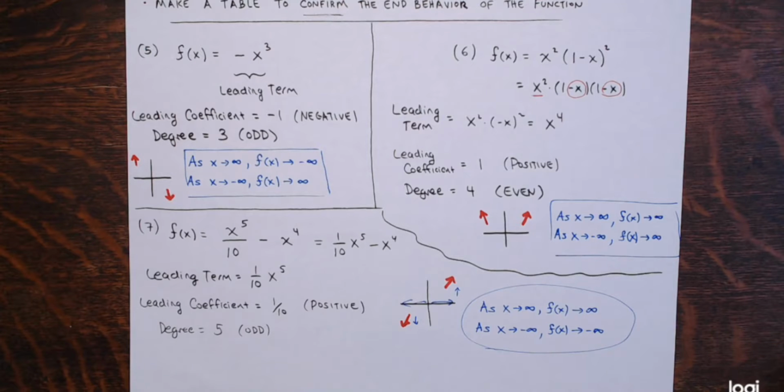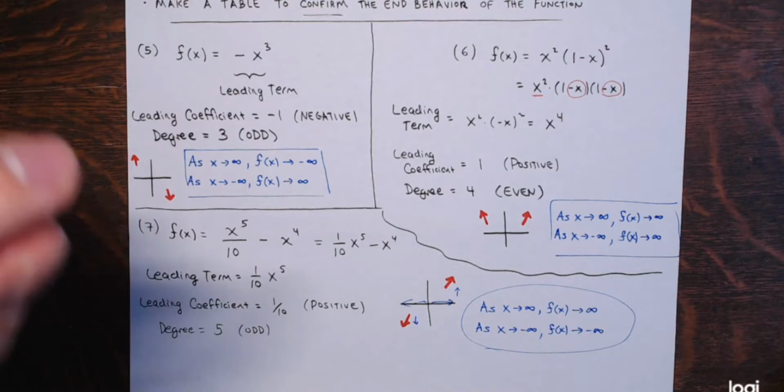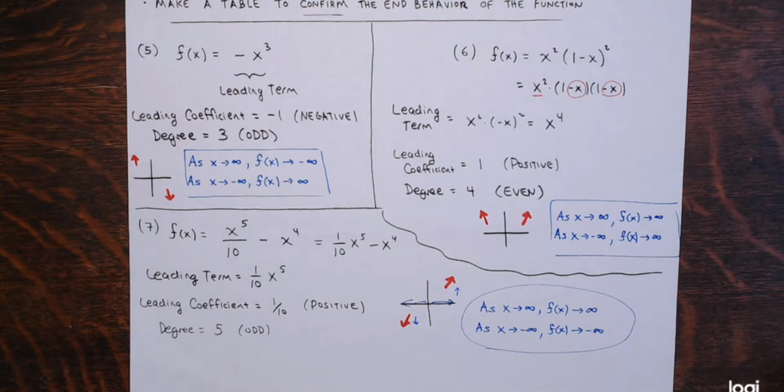Once you've identified the leading term, you can identify the leading coefficient and the degree. With the leading coefficient, you just want to know if it's positive or negative. And with the degree, you just want to know if it's even or odd. The leading coefficient and degree will tell you what kind of end behavior the graph is going to have.